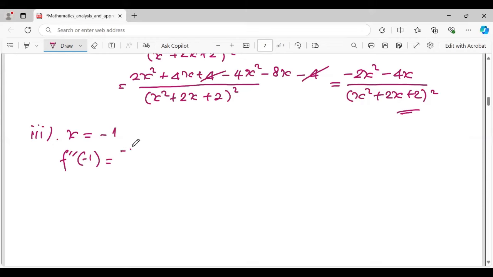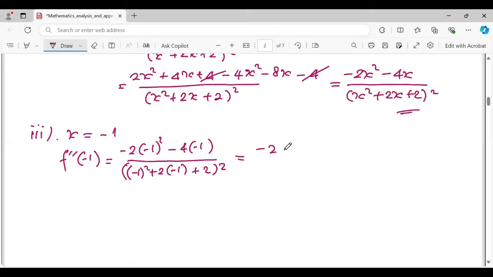It's going to be (-2 minus 4 times -1) over ((-1) squared + 2 times -1 + 2) squared, which is (-2 + 4) over 1 squared, and the result is 2. 2 is greater than 0, it means it is the local minimum point.